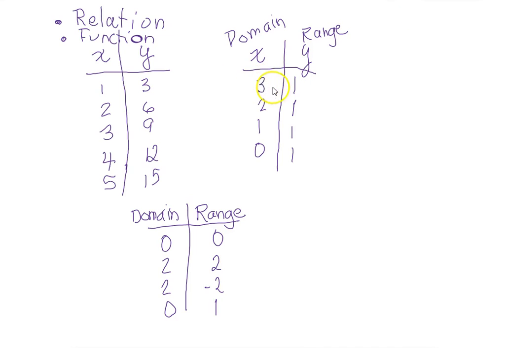So 3 has a value of 1, 2 has a value of 1, 1 has a value of 1, 0 has a value of 1. So there is exactly one solution for each value of our domain. So this is both a relation, since it has at least one, and a function, since it has exactly one.